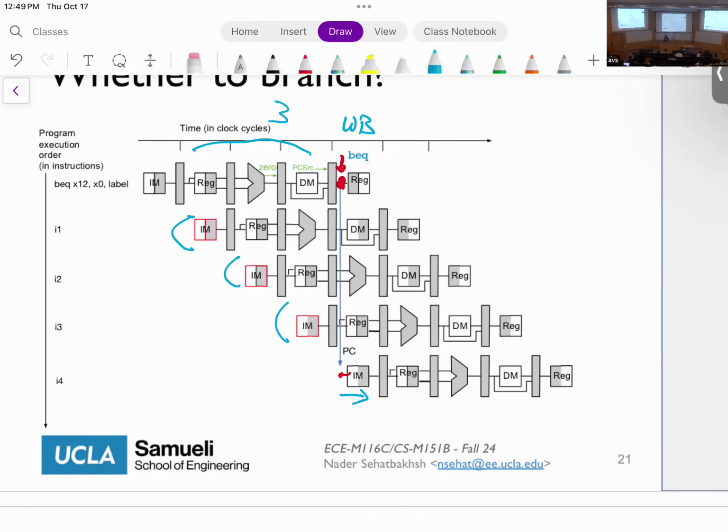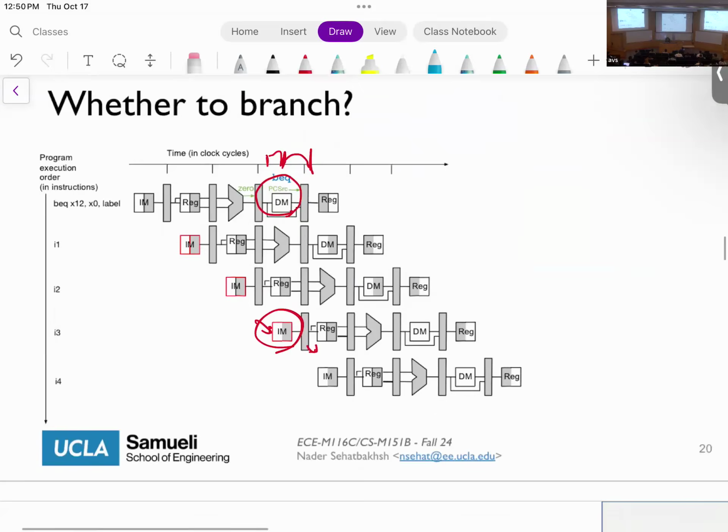If you make a guess, let's say I'm going to guess that this is not going to be taken, and now I'm going to feed this actual instruction into the pipeline. Now you are asking, what will happen if I write to something? And we're going to talk about that. The recovery mechanism is a little bit involved, and we have to be careful. So we're going to talk about that.